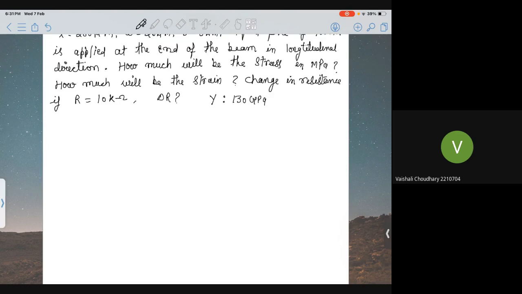So we have a cantilever beam. Okay. This is some silicon resistor, and these are two metal wires.